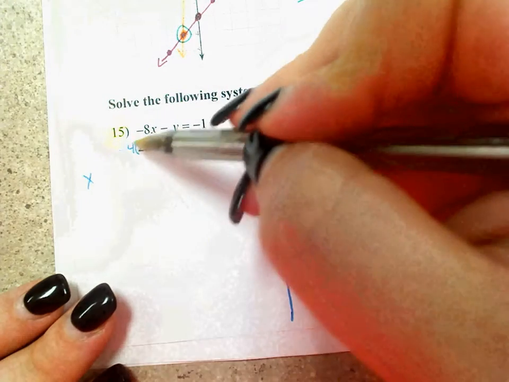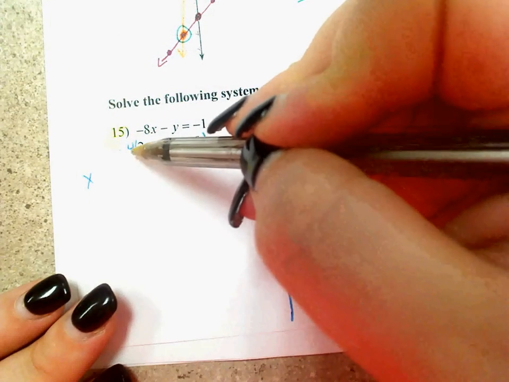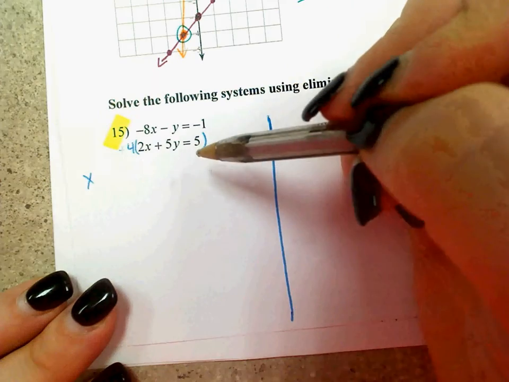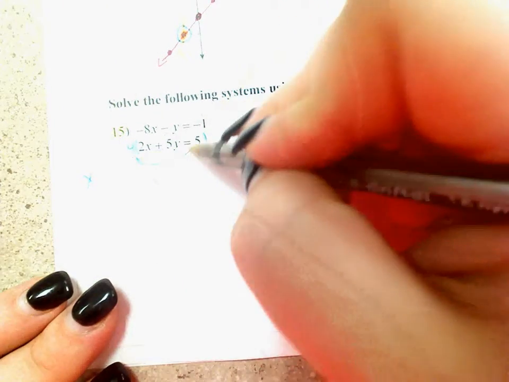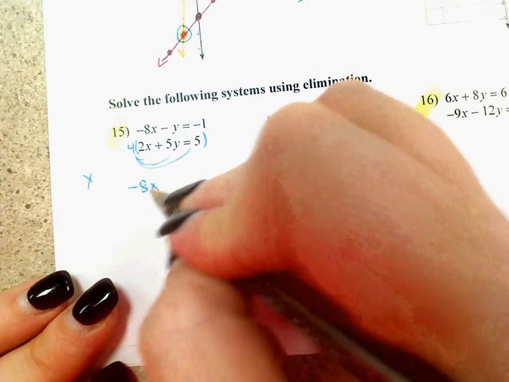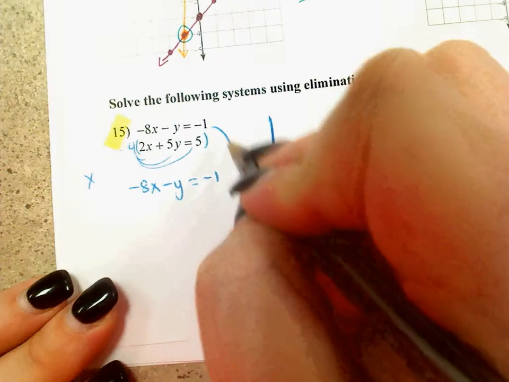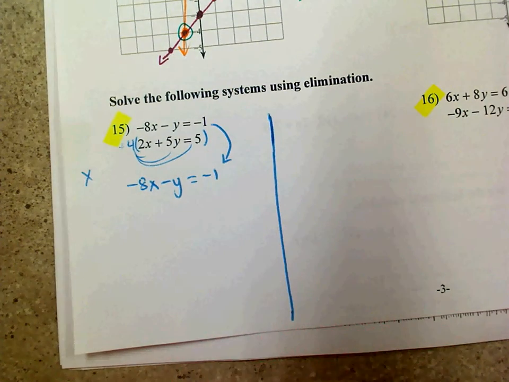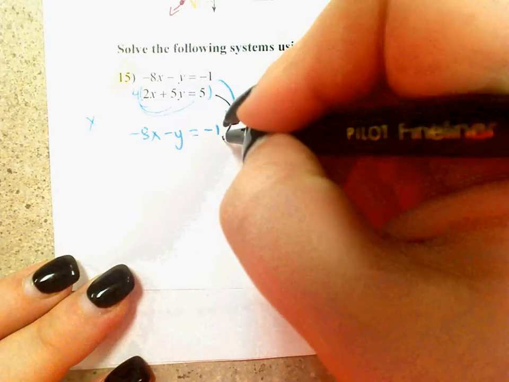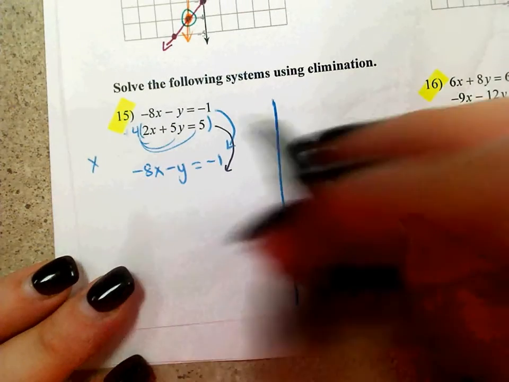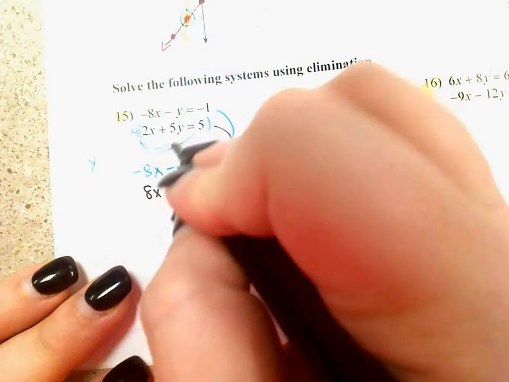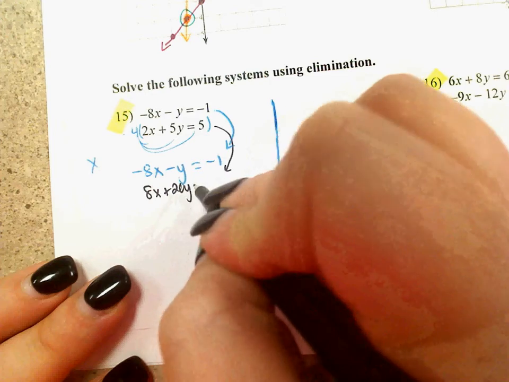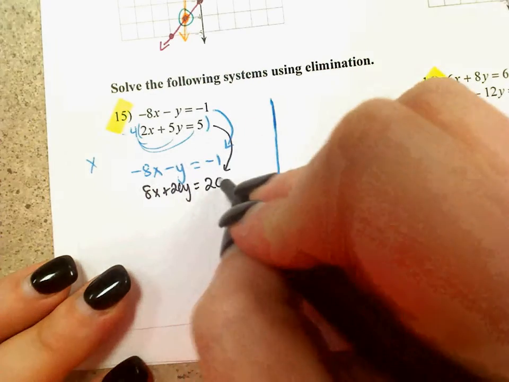I need an 8 here, but the only way I can multiply 2 times 4 is if I multiply the whole equation by 4. So I distribute that, and I'm left with -8x minus y equals -1, so that's the first equation. And then once I distribute the 4, I'm left with positive 8x plus 20y equals 20.